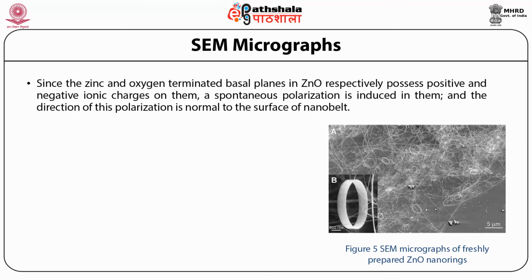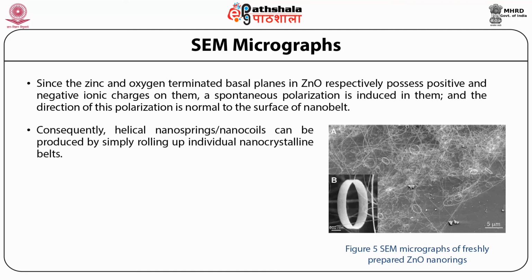Since the zinc and oxygen terminated basal planes in zinc oxide respectively possess positive and negative ionic charges on them, a spontaneous polarization is induced in them, and the direction of this polarization is normal to the surface of the nanobelt. Consequently, helical nanosprings or nanocoils can be produced by simply rolling up individual nanocrystalline belts.